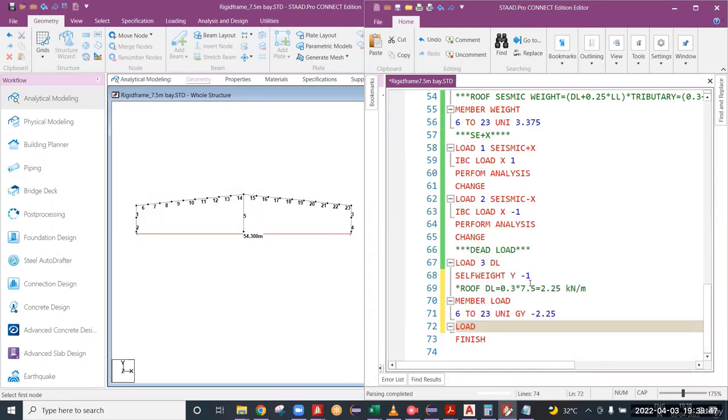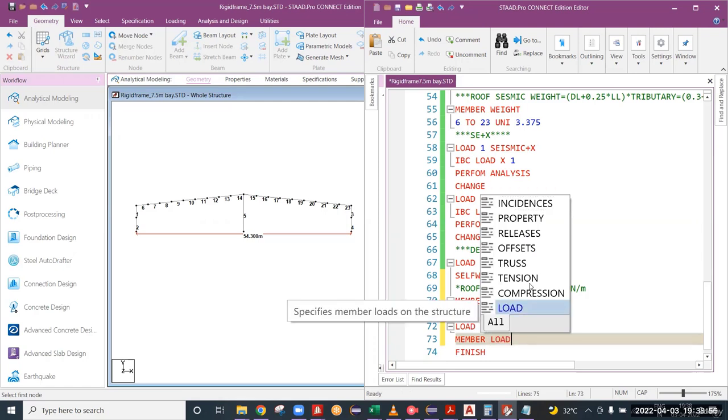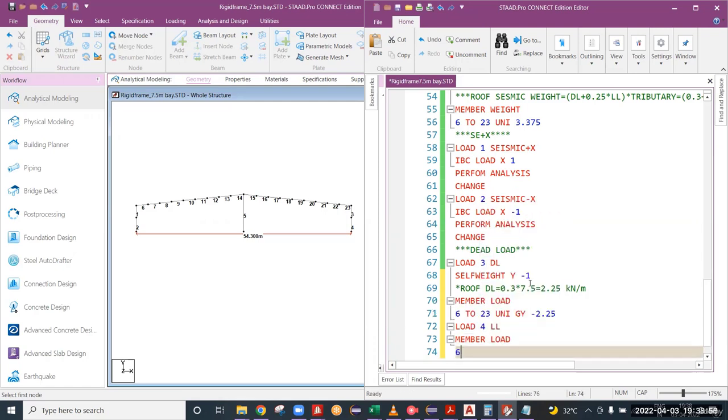The next thing I am going to apply the same way is the live load. Before going to the member load, I am mentioning the calculation part. Roof live load.